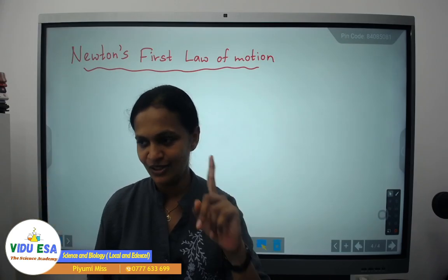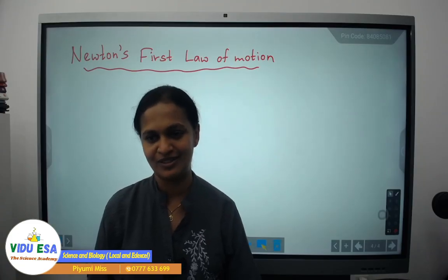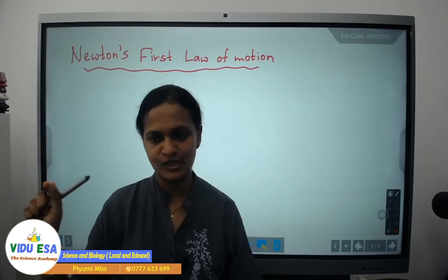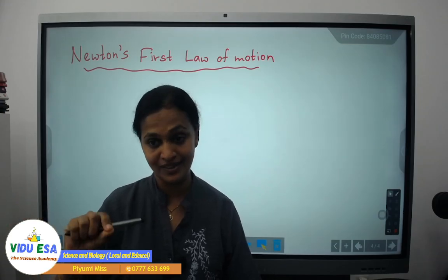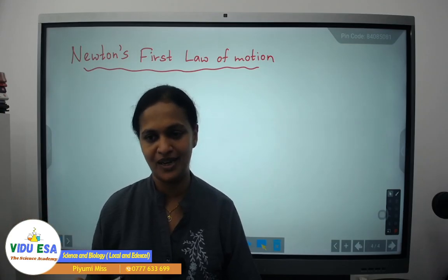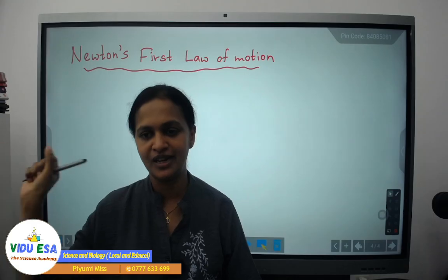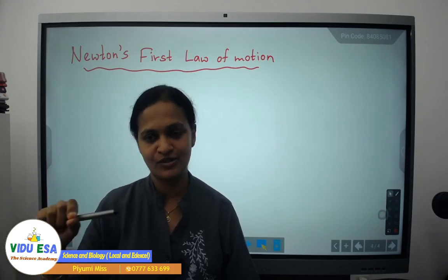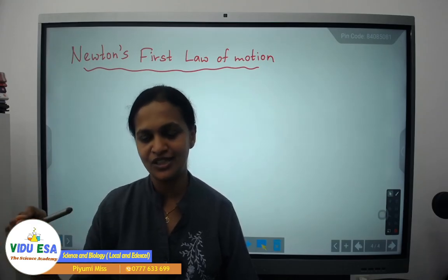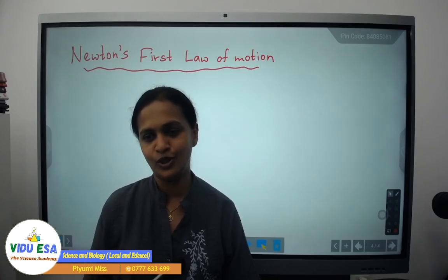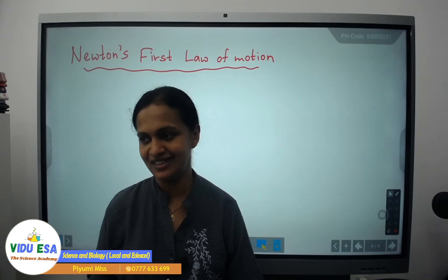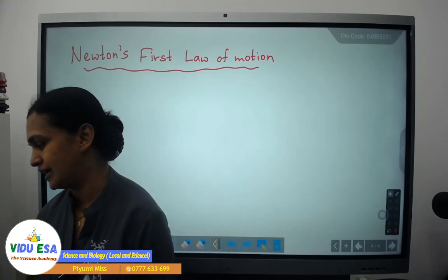That is Newton's first law of motion. Until an unbalanced force is applied, objects at rest will remain at rest. Objects which are moving will continue to move in a uniform velocity. Okay, we'll write it down.